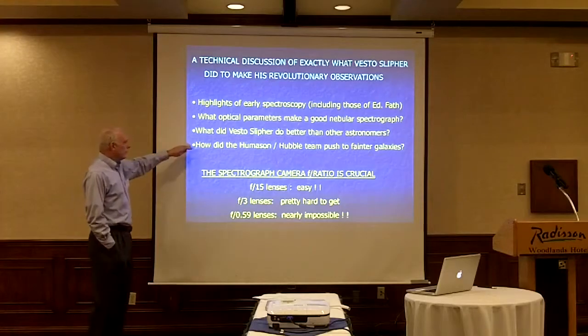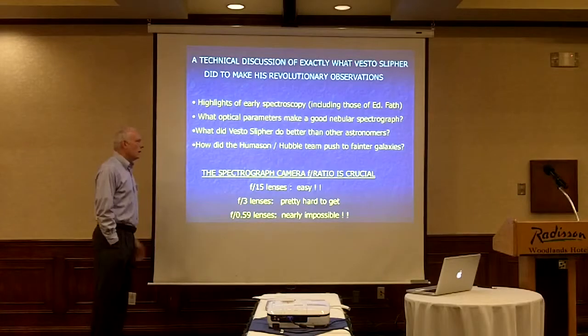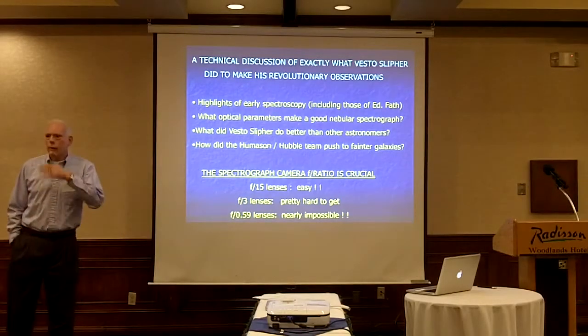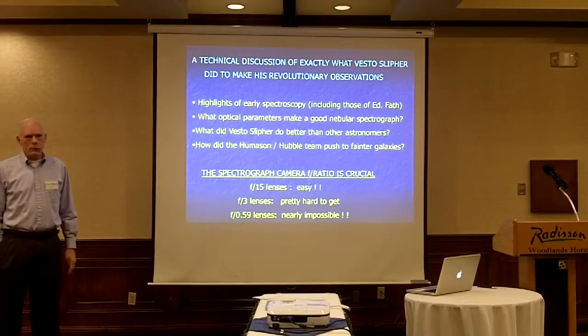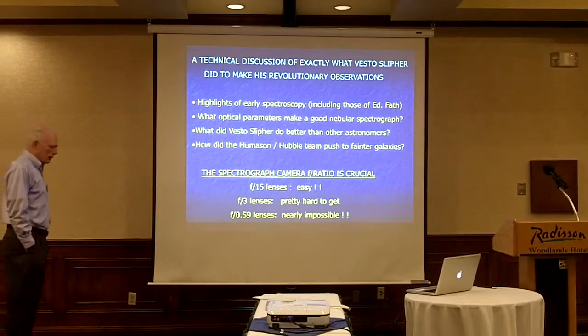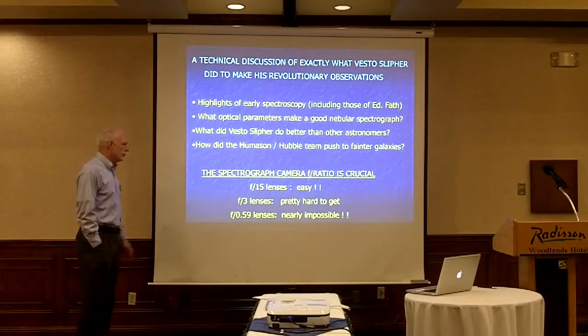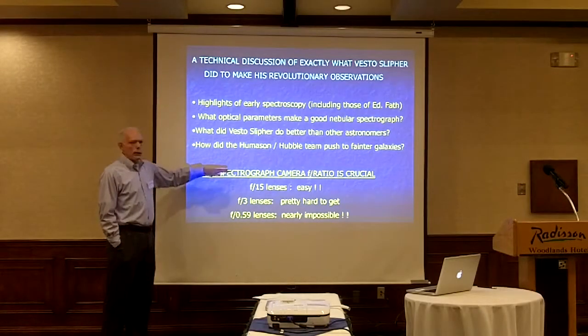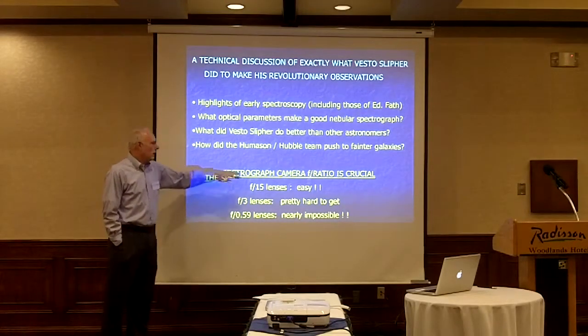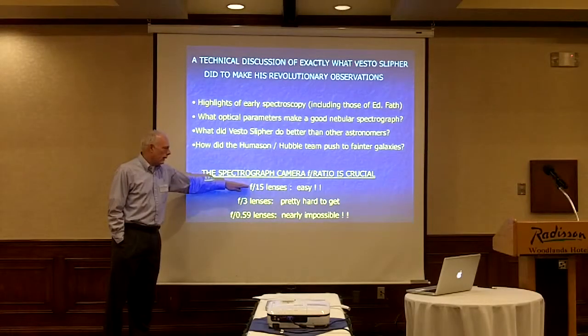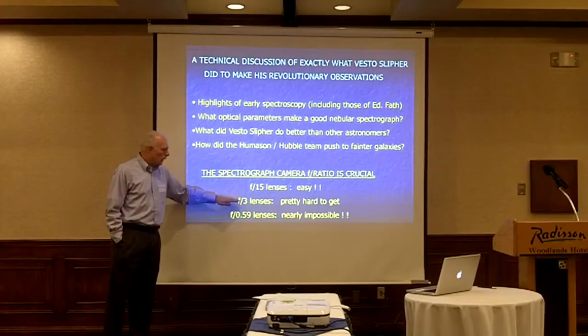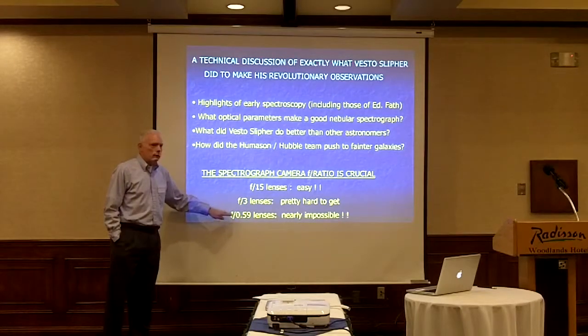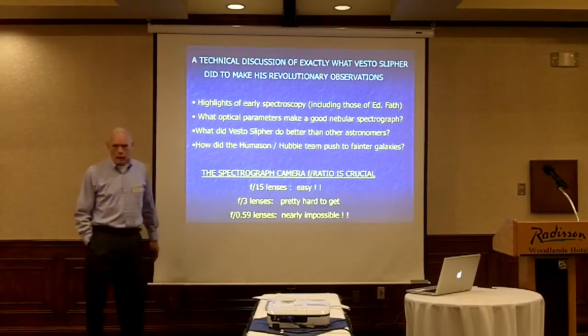And then I'll tell you from a technical point of view, how is it that Humason and Hubble, that team, pushed to fainter magnitude, fainter galaxies in the velocity distance relationship, and it's directly related to the F ratio of that camera lens. I said early on people started out at f15, Slipher and Fath even used lenses around f3, and then Humason eventually used a lens that was f.59.